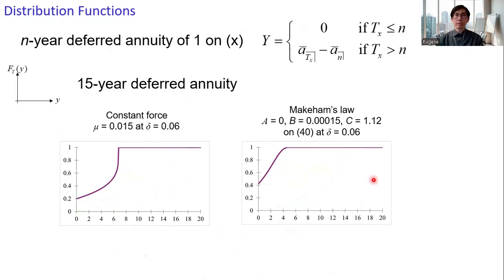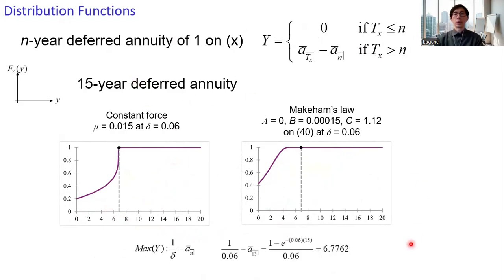All right, the maximum value of Y corresponds to 1 over delta minus a-bar angle n, with n equals 15. We can get the maximum value for Y, in this case, 6.7762.